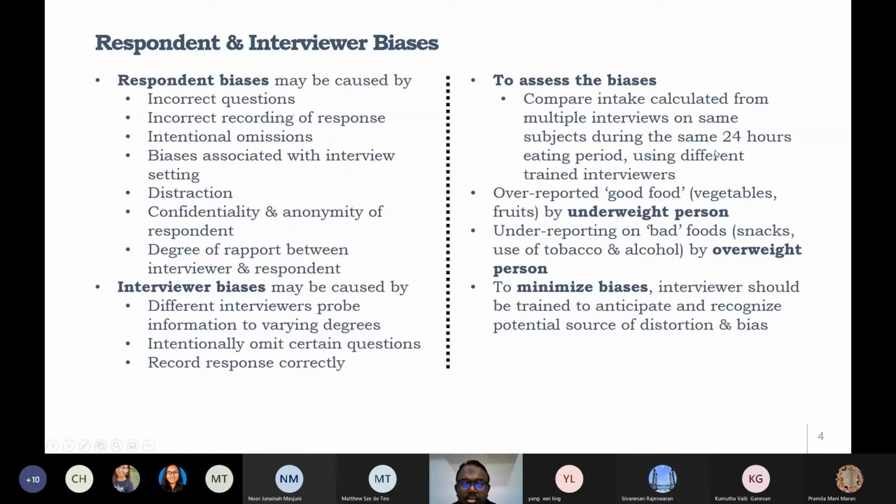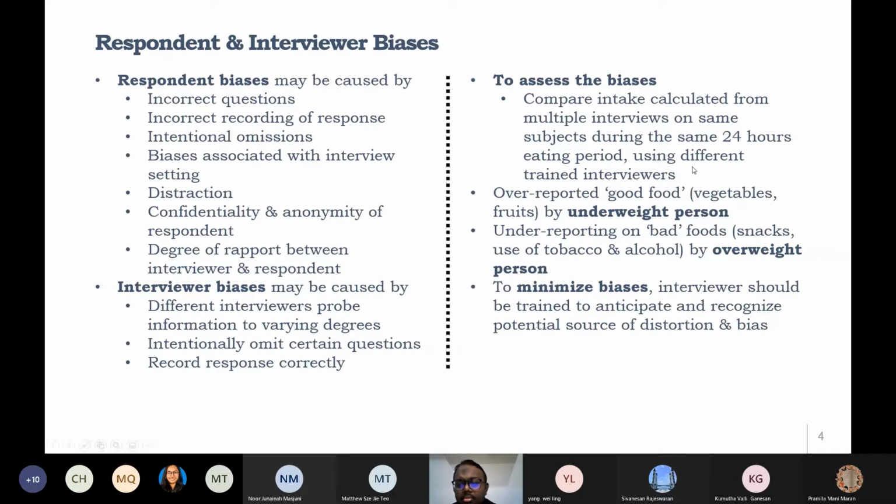To assess both respondent and interviewer bias, we should compare intake calculated from multiple interviews on the same subject during the same 24-hour eating period using different trained interviewers. So this is just to assess bias. You might have two interviewers in a project, so you compare the quality of interviews performed on the same subject in the same period of time.